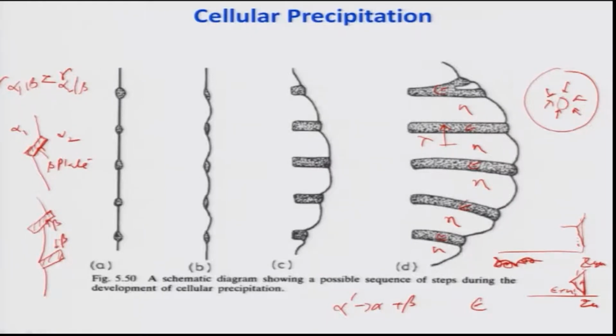The boundary is carried forward because this has grown. You can clearly see this boundary which was sitting here has moved. It has to move, otherwise it cannot allow the beta to grow, and this is how these different layers of precipitates grow.